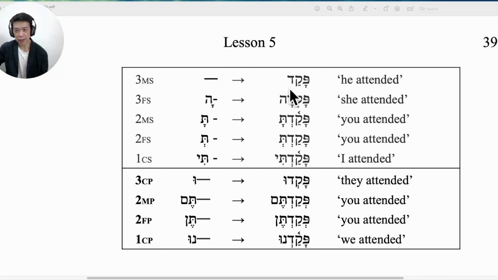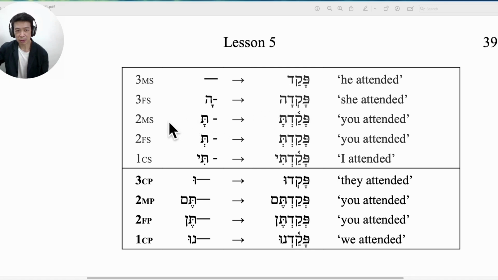So for he attended, it's pakad, with no attachments at the end of the word. But for the third person feminine singular, there is a kamats hey added to the end of the word. So for she attended, it would be pakda.